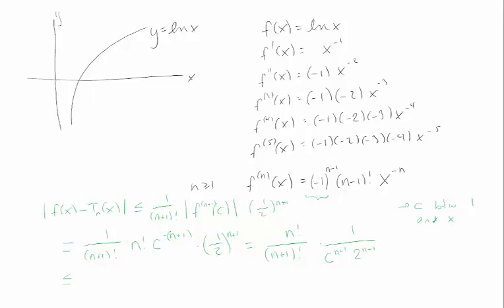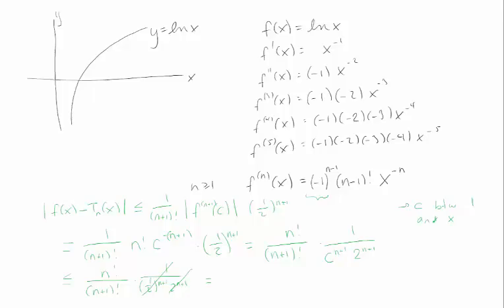So if I want to make this whole expression as big as possible, I should make c as small as possible. And the smallest c can be is 1/2. So the largest this whole expression can be is if I plug in c equal to 1/2. And nicely, that's going to make these things cancel.